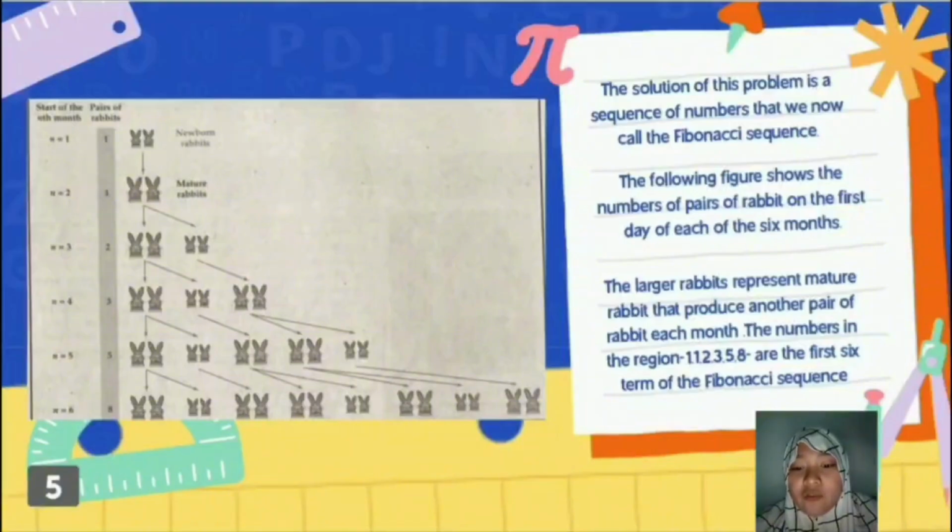It says here, Fibonacci discovered that the number of pairs of rabbits for any month after the first 2 months can be determined by adding the number of pairs of rabbits in each of the 2 previous months. For instance, the number of pairs of rabbits at the start of the 6th month is 3 plus 5 equals 8.